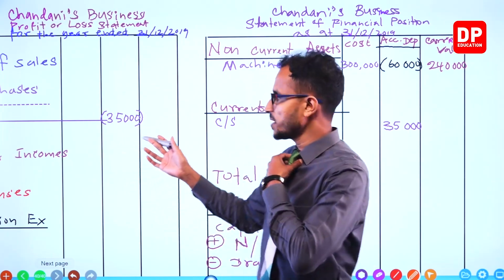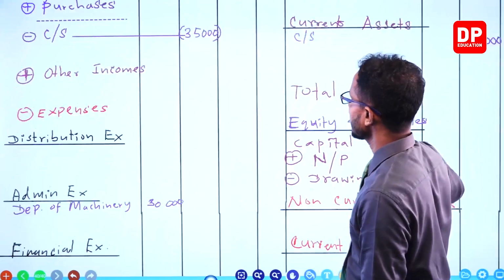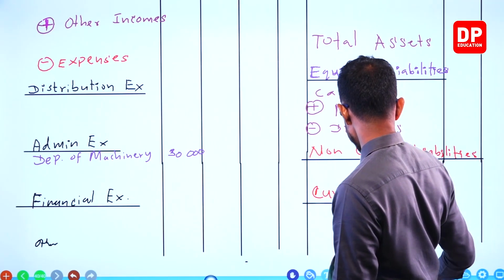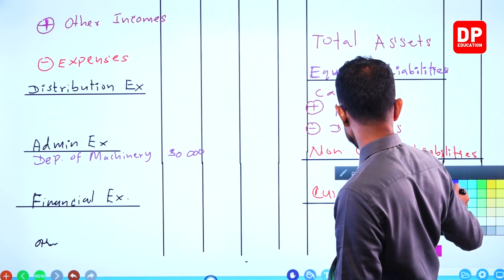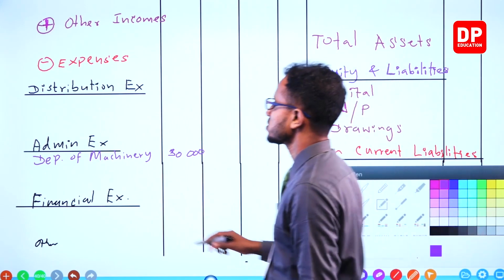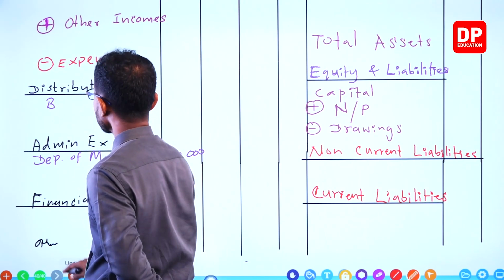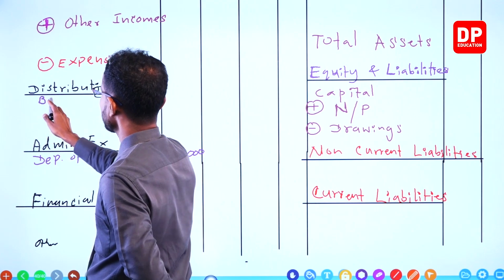First to the SOPL. Because bad debts is an expense, it should go to the distribution expenses. Bad debts. Hey, keep space for other items.